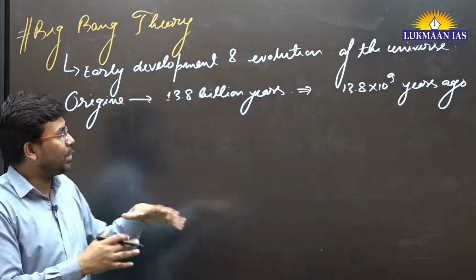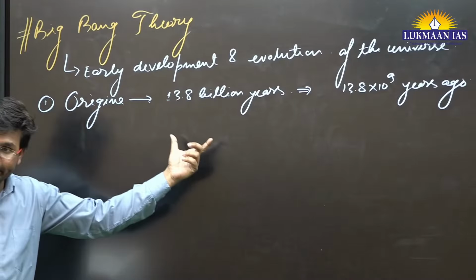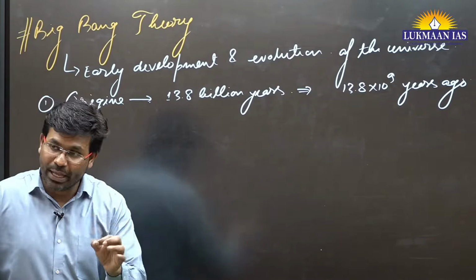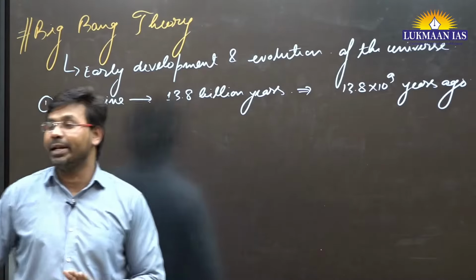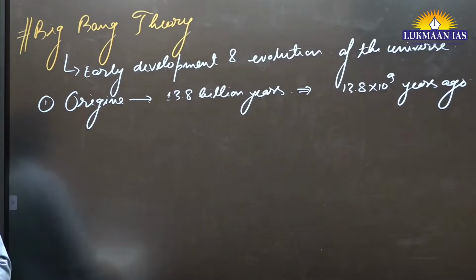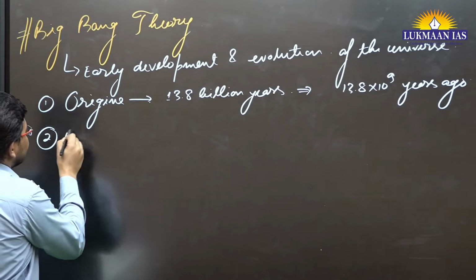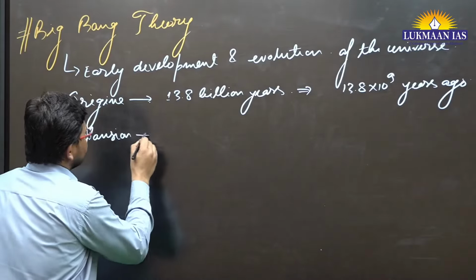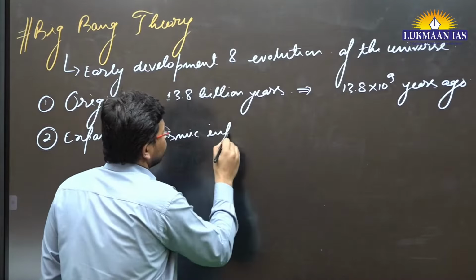So there are many things. Now we come to the technical part of the discussion. The universe originated with a Big Bang, and that Big Bang happened from a point singularity that we discussed earlier. It originated 13.8 billion years ago. Apart from this, there was a cosmic inflation. This is known as the second phase, the expansion phase, which is cosmic inflation.